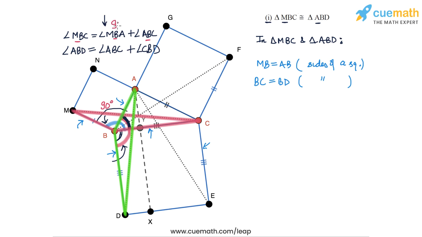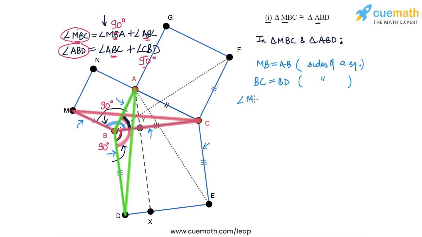So angle MBC is 90 degrees plus angle ABC, and angle ABD is angle ABC plus angle CBD. But angle CBD is also 90 degrees because it is one vertex angle of a square. So both angle MBC and angle ABD are 90 degrees plus angle ABC, and this means that these two angles are also equal.